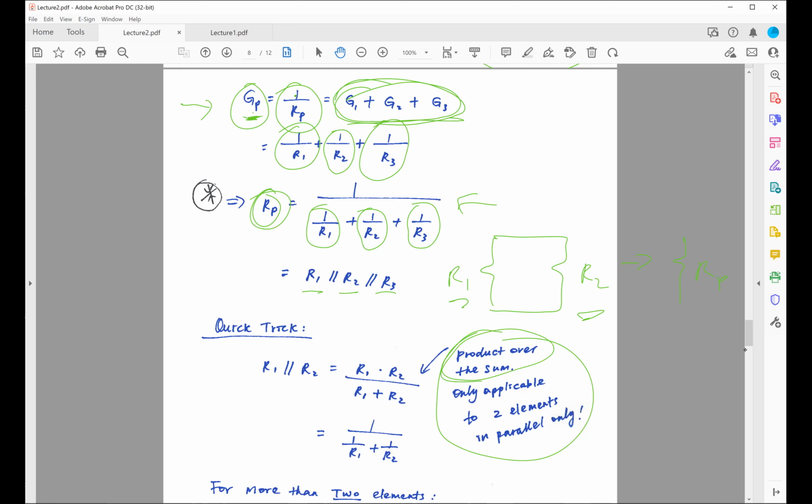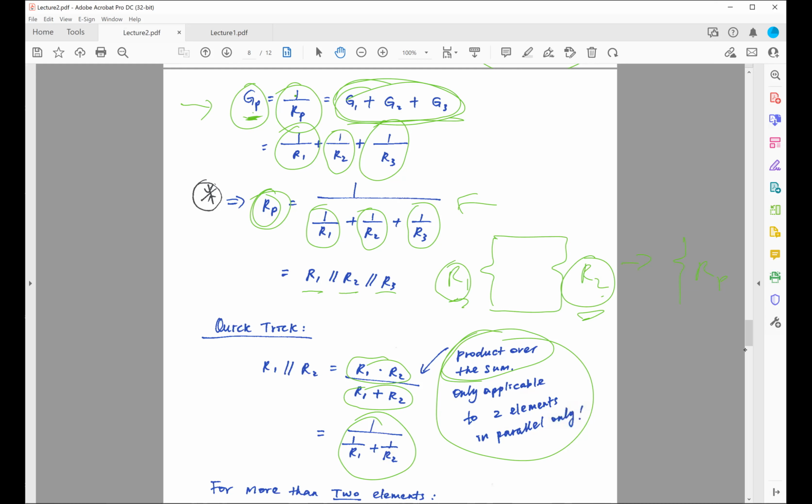That is, you take the product of R1 and R2 over the sum R1 plus R2. Product on the top and sum on the bottom. And mathematically, you can show that it's the same as 1 over R1 plus 1 over R2.